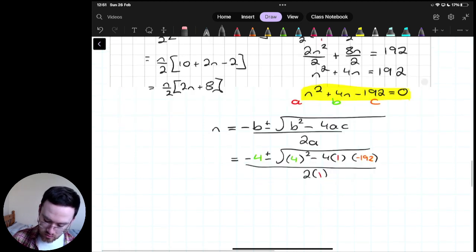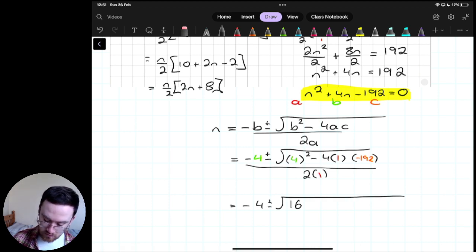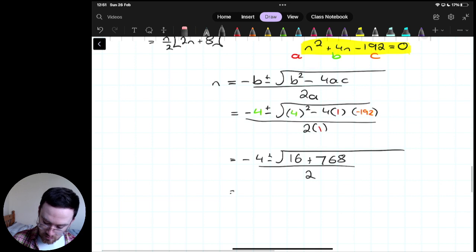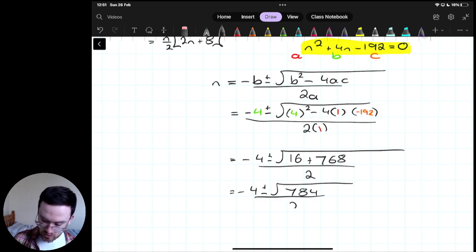Okay, following this through a little bit further. So minus 4 plus or minus, and you could sub this into your calculator at this point if you wanted to. So 4 multiplied by 192, let's just work that one out. 4 multiplied by 192 gives me a total of 768 over 2. Minus 4 plus or minus the square root of 16 plus that 768 gives me 784 over 2.